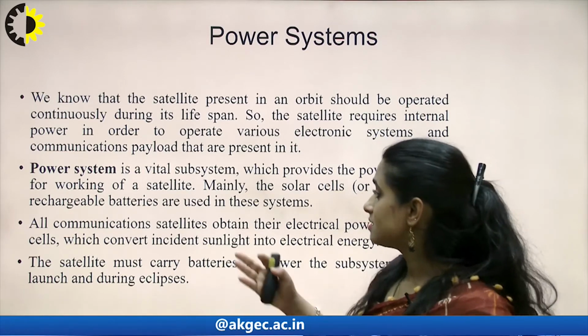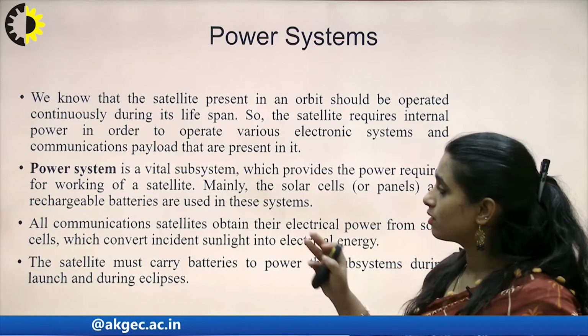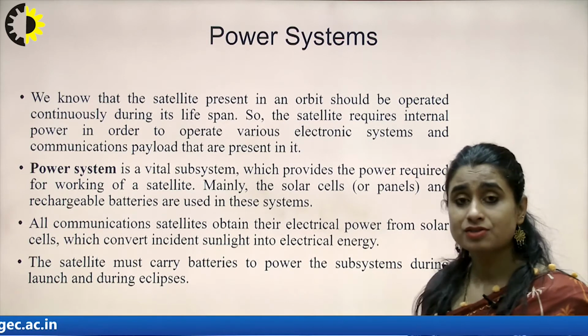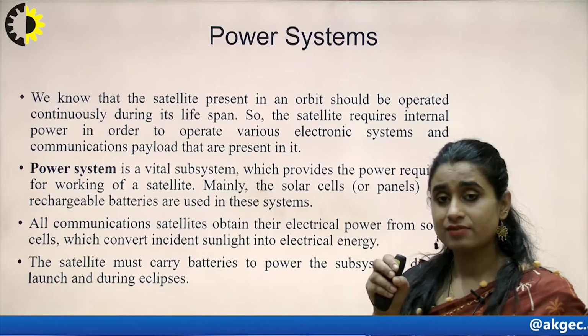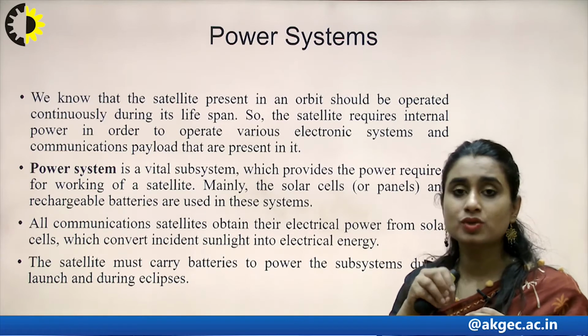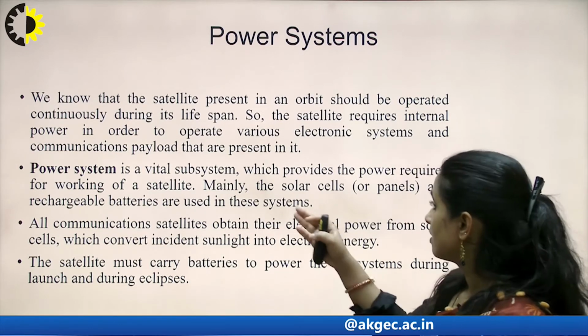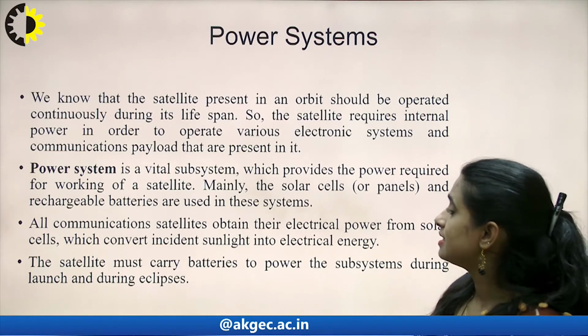So, the power system is a vital subsystem which provides the power required for the working of a satellite, right? We have transponders, we have antennas, we have signal processing within it, amplifiers, they do need some power input, right, for proper functioning. So, mainly solar cells and rechargeable batteries are used in these systems.